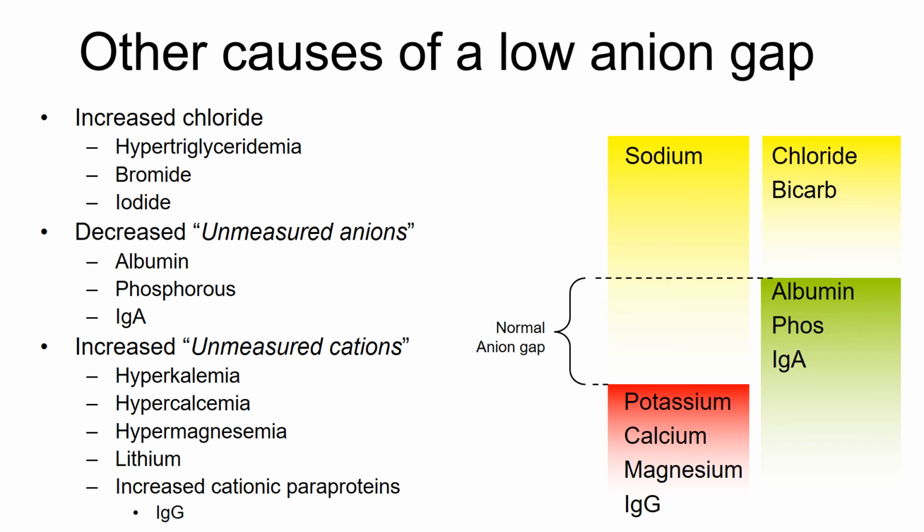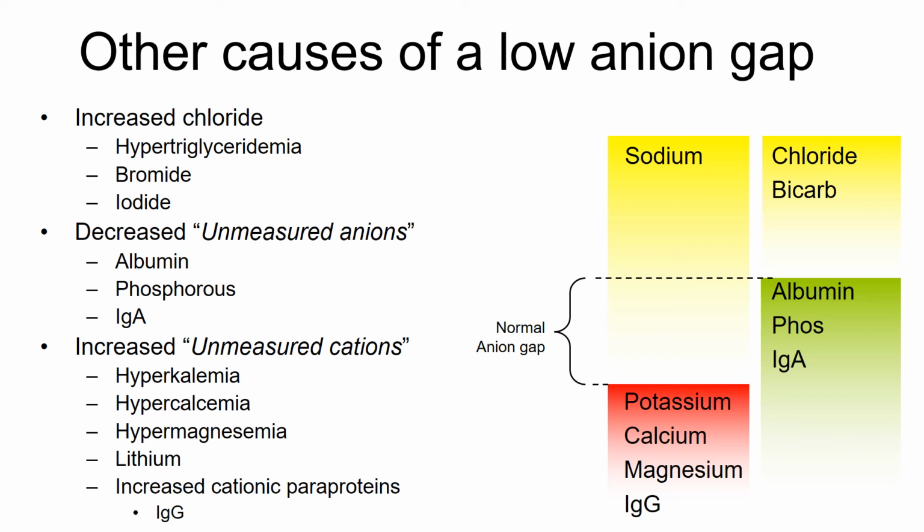And this could be because of some patients with very high triglycerides. If a patient has an iodine or a bromide poisoning, or levels that are elevated, the chloride levels are spuriously elevated because the lab reports the chloride in error, and it counts bromide as 2 or 3 chloride molecules.